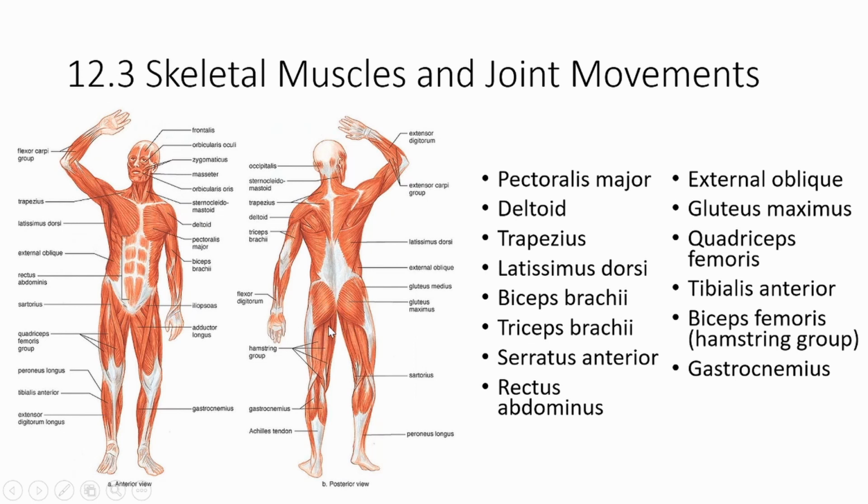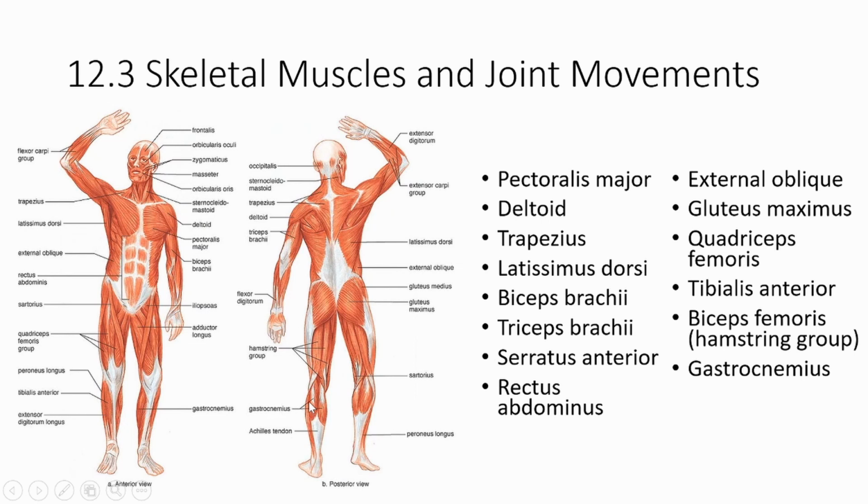The biceps femoris, which is part of your hamstring group, in the back of your thigh. The quadriceps femoris group, which is found on the front of your thigh. Sartorius, which runs from your hip down to the inner portion of your knee. And tibialis anterior, which attaches to your shin in the front of your lower leg.